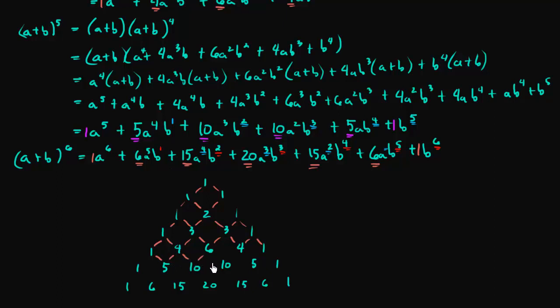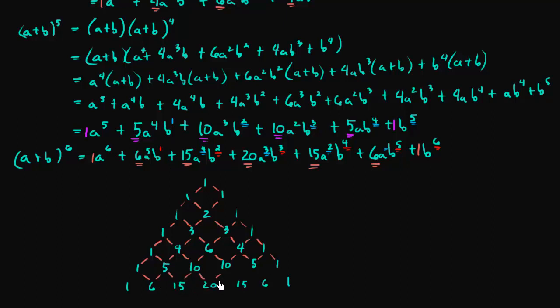If I add 6 and 4, I get 10. If I add 4 and 1, I get 5. If I add 1 and 5, I get 6. If I add this term and this term, those coefficients, I get 15.